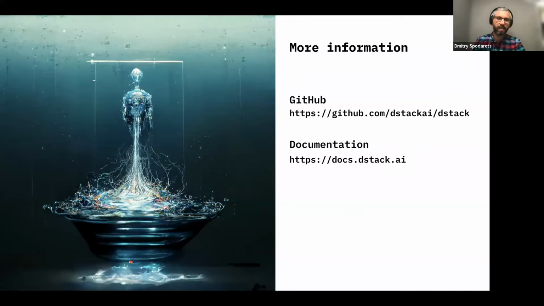So first, as I understand, dstack for now supports only AWS, any other cloud providers? That is correct. At the moment, it's only AWS. And we do consider supporting Azure and GCP as well.